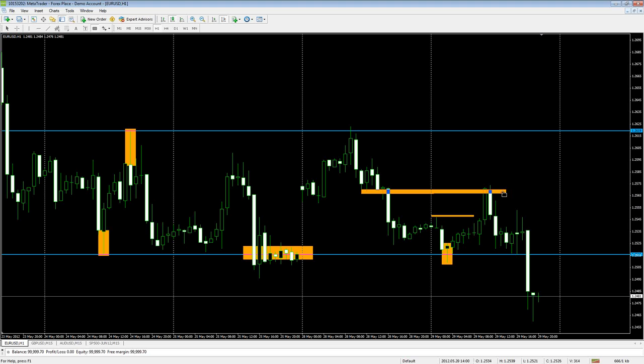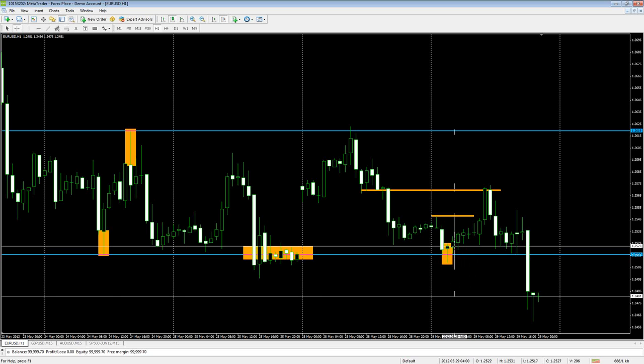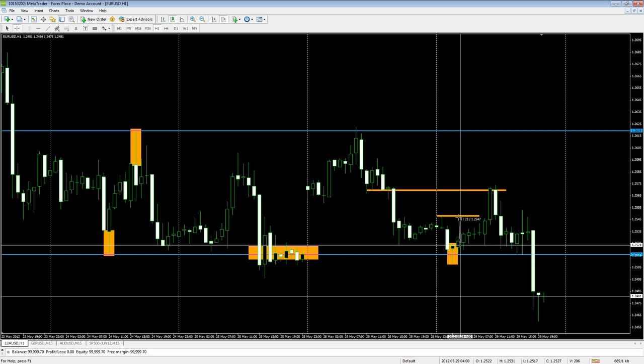Then you know that if I enter here, I have somewhere between 25 and 45 pips. That's good for risking, let's say, 20 pips. If I'm aggressive, I'll say I'm willing to risk 20 pips to take 20 pips, a 1-to-1 ratio, or maybe even more.